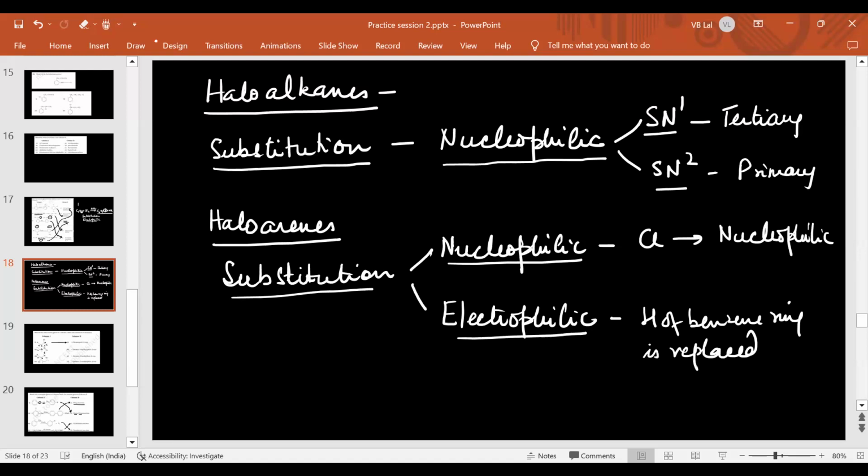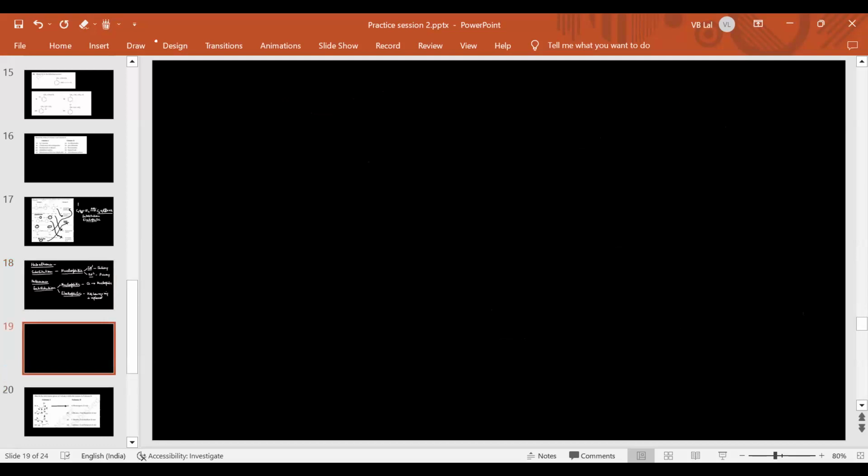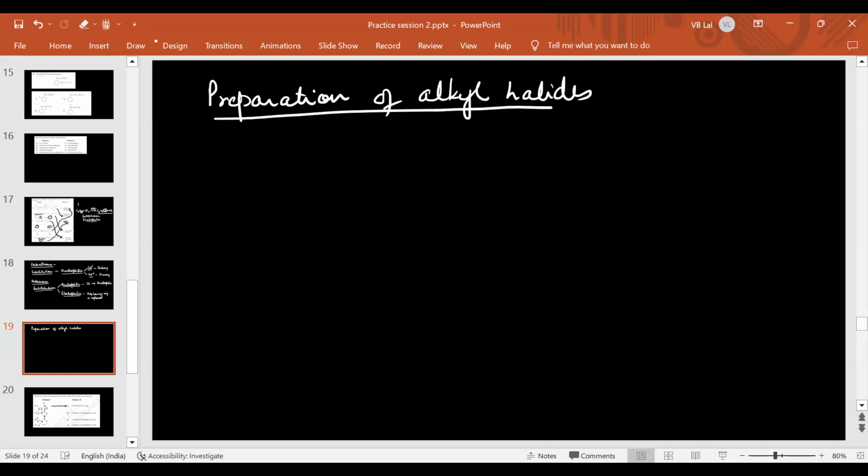Okay. Now, there's one more type of reaction that you see here in preparation of alkyl halides. In preparation of alkyl halides, you will come across two other types of reaction. That is why this chapter is very, very important, because you see all types of reactions. Now, in preparation of alkyl halides, you can see addition reaction. Where do you see addition?